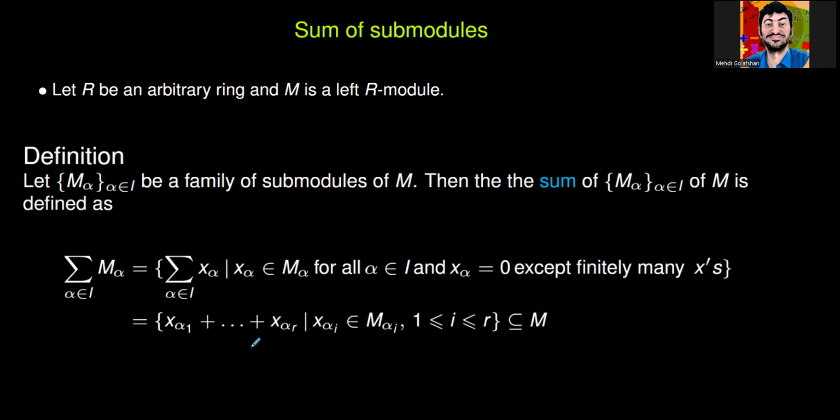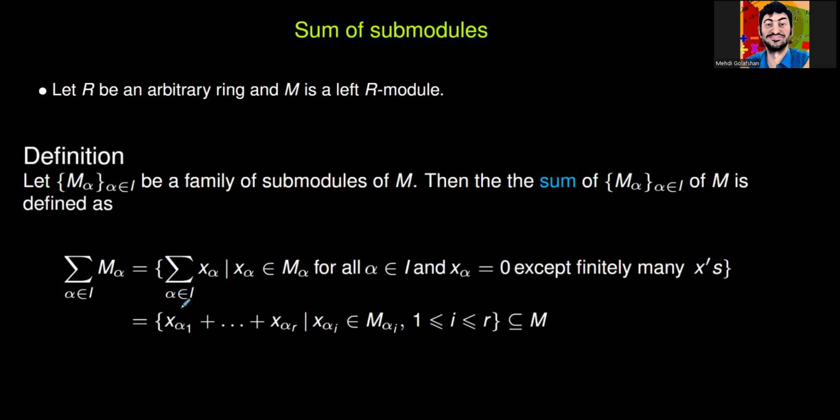So you can see that it has this shape. The sums we are considering are finite sums, even if the index set I is an infinite set. And of course, everything is sitting inside of M because each M alpha is a submodule of M. So if we take their sums, that is also a submodule of M.